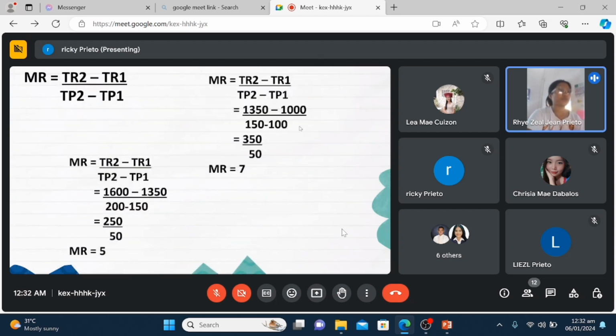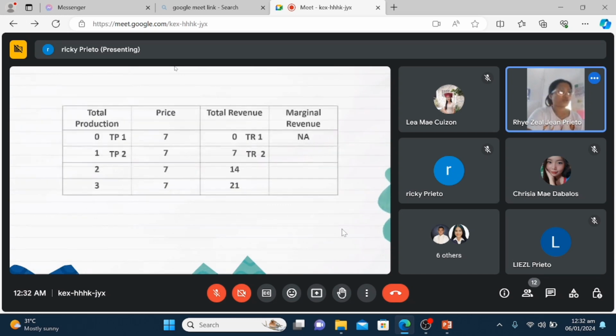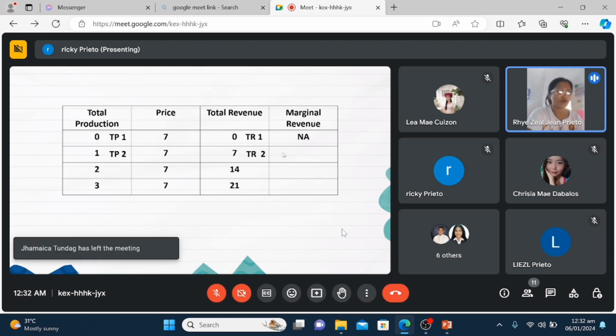So they are all the same, class, on how to calculate marginal revenue. So, here is another example. Hello? Alright, I will just answer. I will send my examples later.